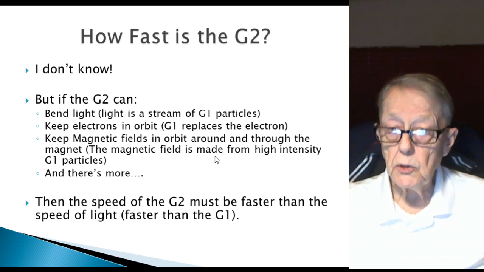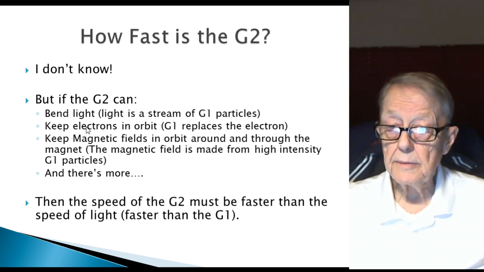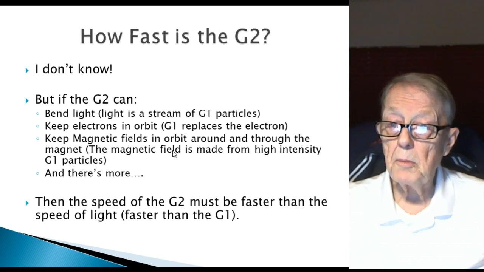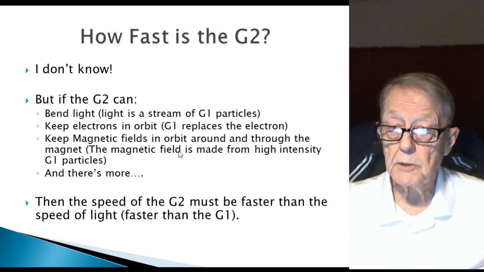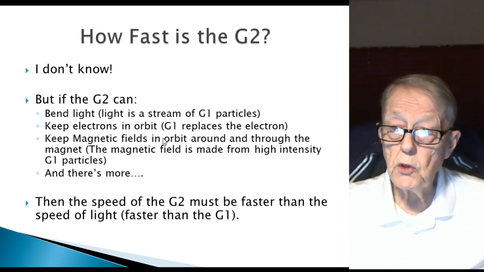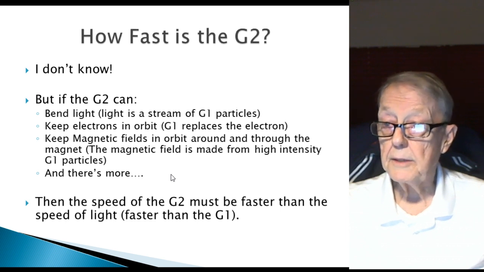If the G2 can bend light, as in the prism example, can keep electrons, or G1s, in orbit around the nucleus, can keep magnetic fields in orbit around and through the magnet, the magnetic field, according to the particle models, made from high-intensity streams of G1 particles with no repetitive pattern, and there are more examples. If the G2 can do all that, then the speed of the G2 must be faster than the speed of light.